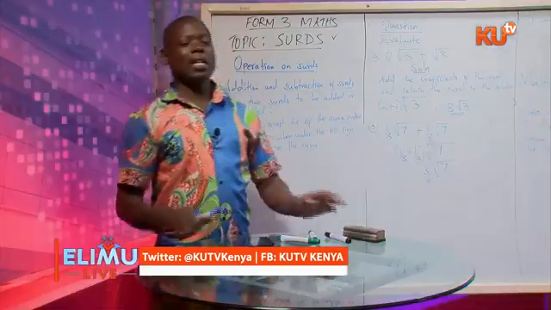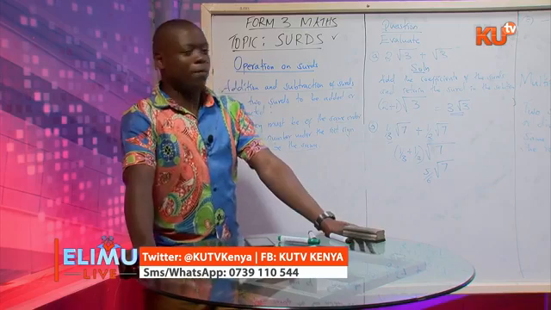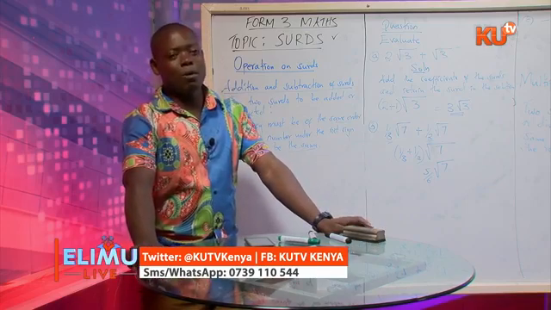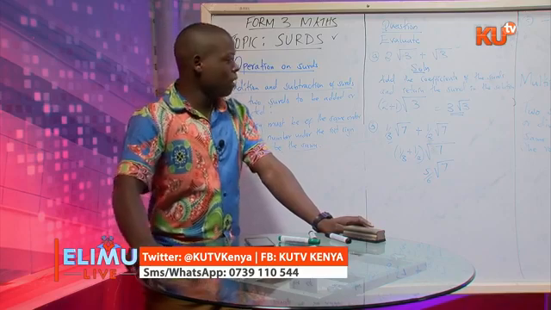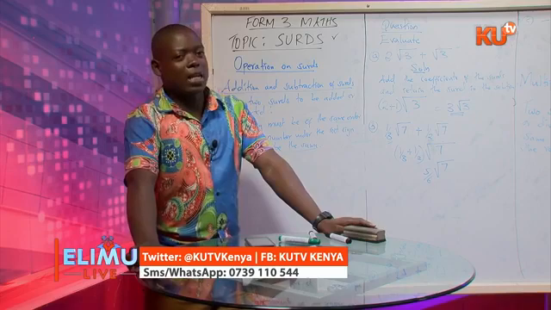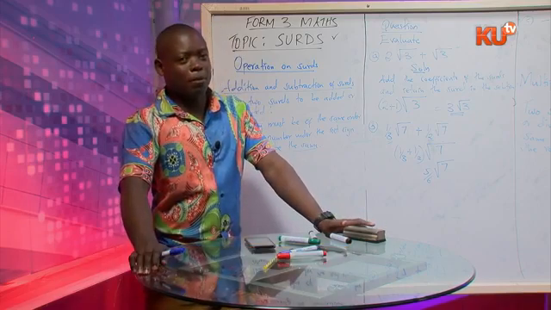But when it comes to multiplication and division, the number under the root sign might be different. But then we have to ensure they are of the same order for us to achieve the compatibility of the surds in either multiplication or division.